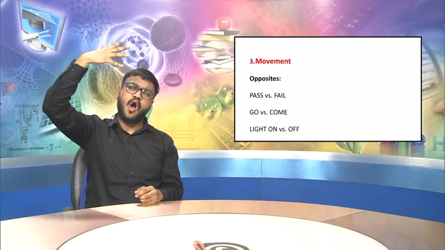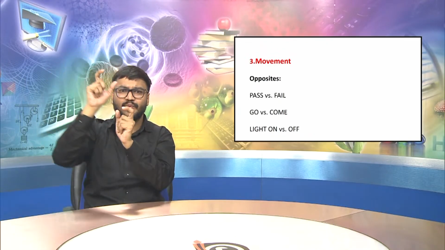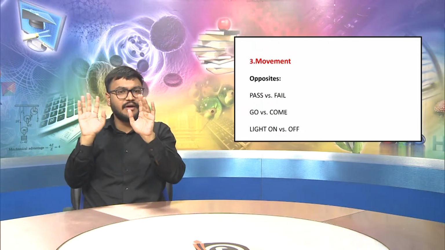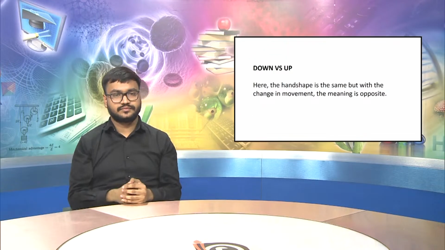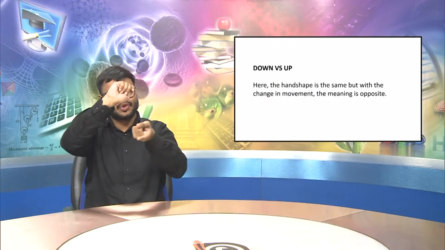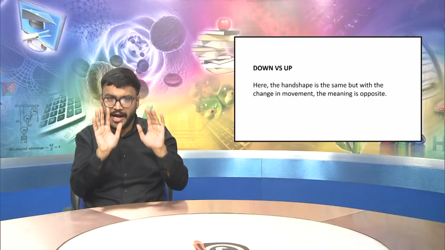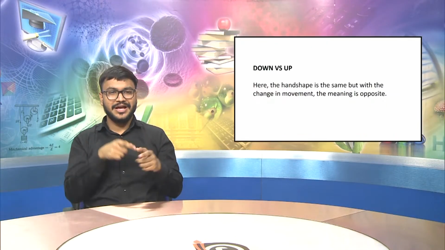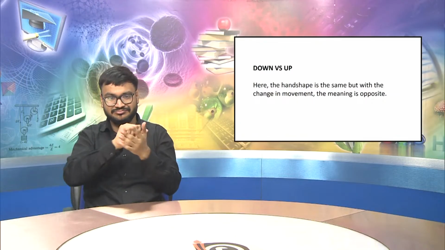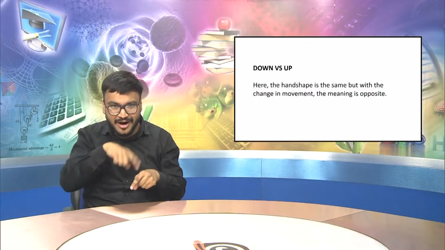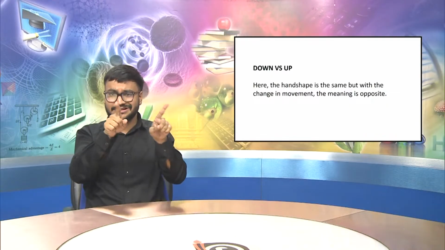Third is light on and off. Now the signs of down and up. Here the hand shape is the same, but with the change in movement, the meaning of the sign is opposite.